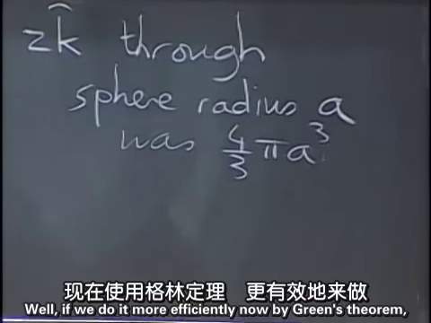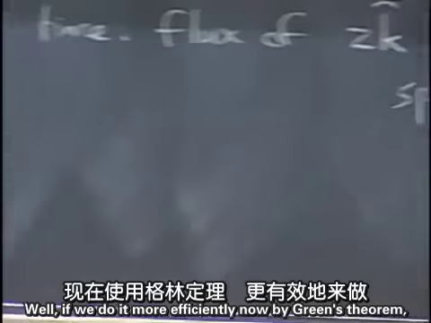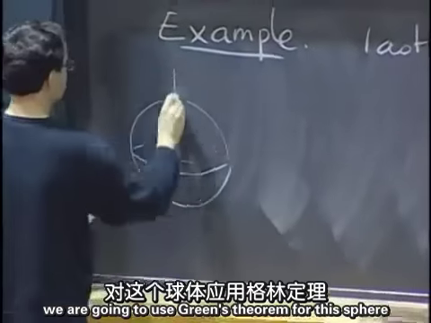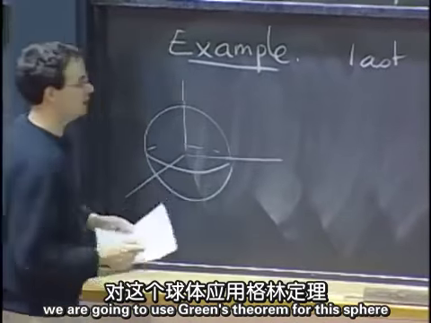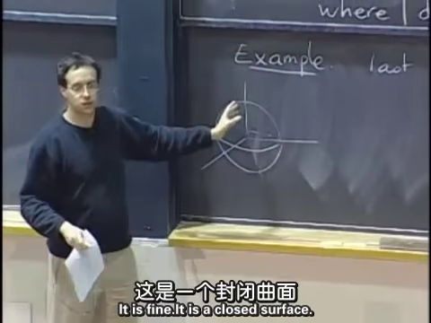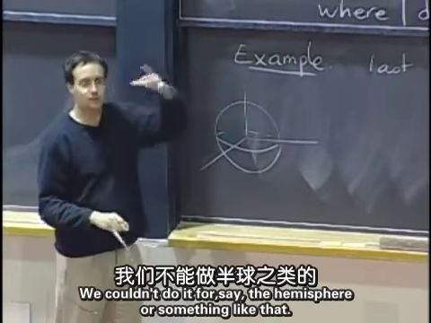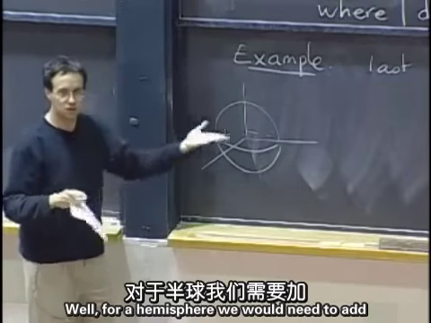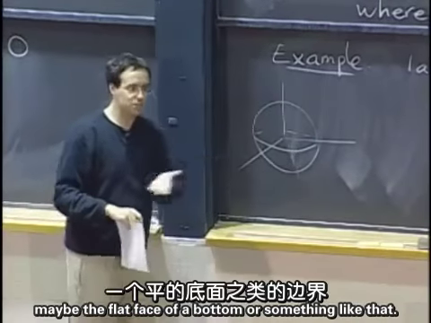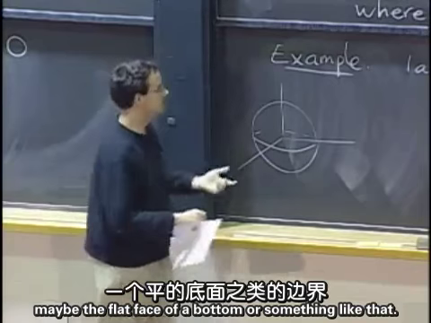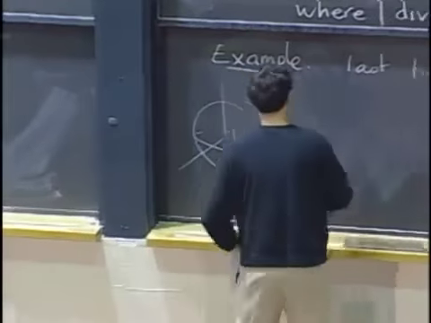Well, we can do it more efficiently now by the divergence theorem. Because we're doing the whole sphere, it's a closed surface. We couldn't do it for, say, a hemisphere; for the hemisphere, we'd need to add the flat face at the bottom or something like that.